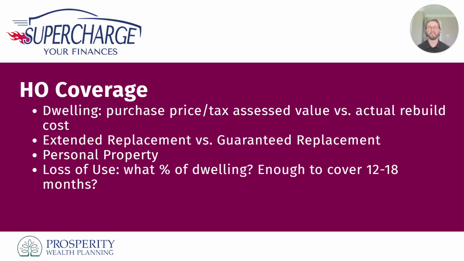The next is extended replacement versus guaranteed replacement cost. Extended cost is something we see on a lot of our clients' policies. And what this is saying is that above and beyond your dwelling coverage, your policy will have a certain percentage that it allows to extend beyond that underlying dwelling limit.